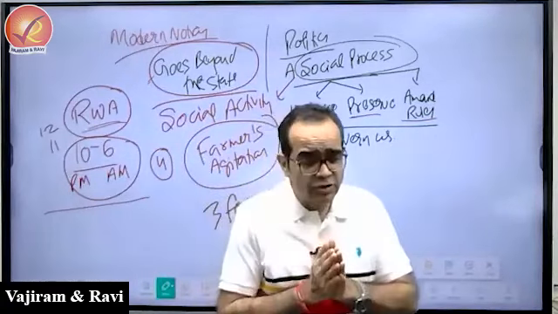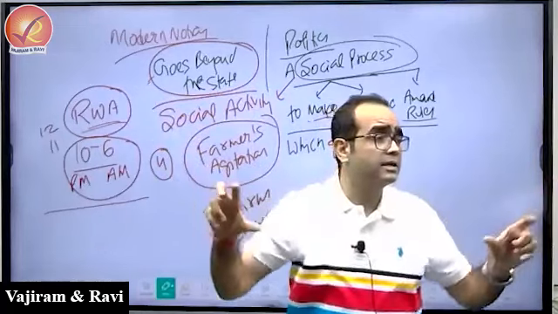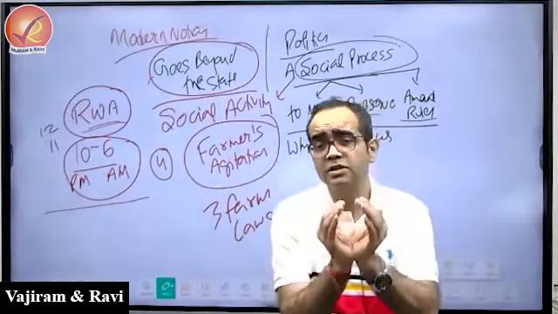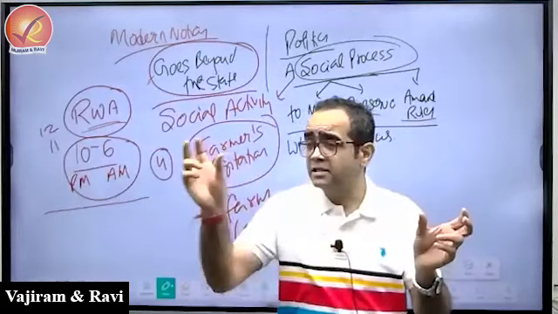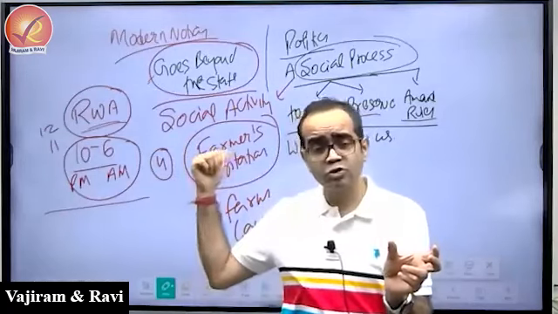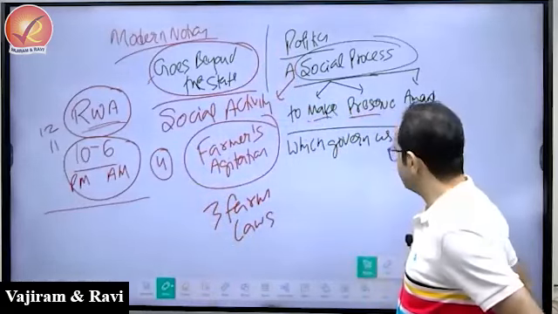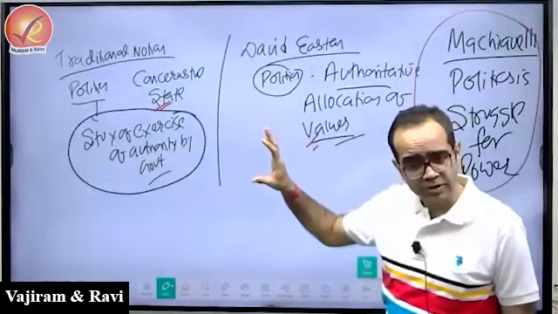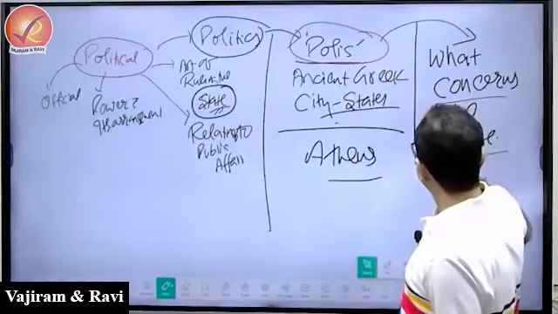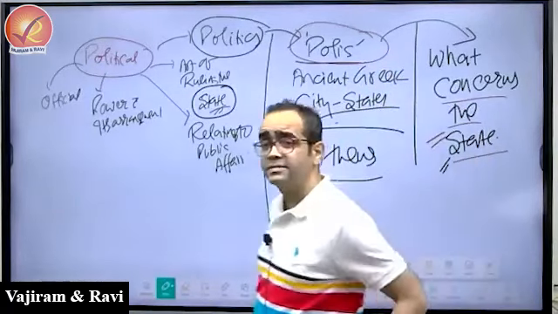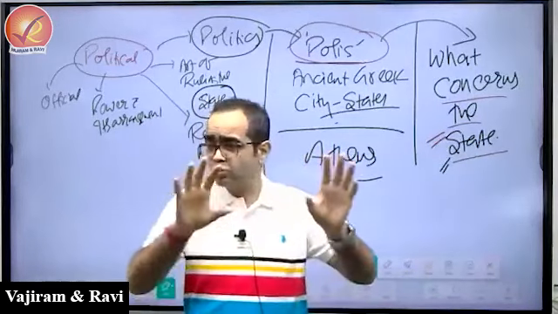So the modern notion of politics is a broader definition as compared to the traditional notion, which says political science begins and ends with the state. It goes beyond the state. So this is the difference between the traditional and modern notion of politics. Earlier, politics is what concerns the state. Now we say politics is more than the state itself. Politics is about social process.